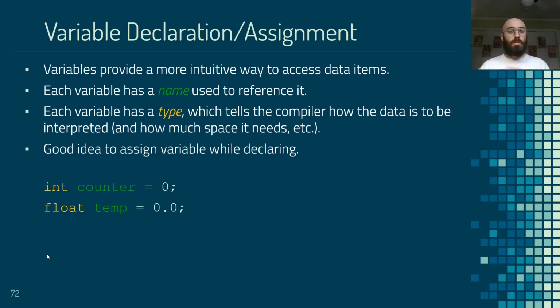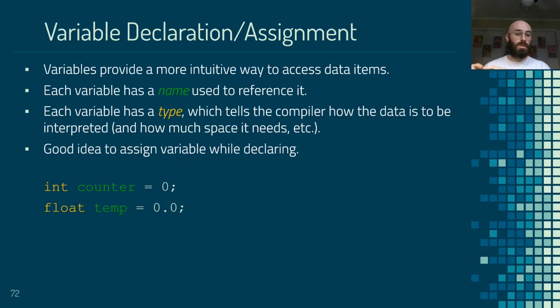Now, I mentioned that we have to do variable declaration and assignment. So this is the syntax of doing that. We always say the type first, and then we say its name, and we only have to declare the variable once. All it's doing is setting up a location in the Arduino's memory and saying, hey, this is going to be an integer value. It's only going to be whole numbers, and its name is this.